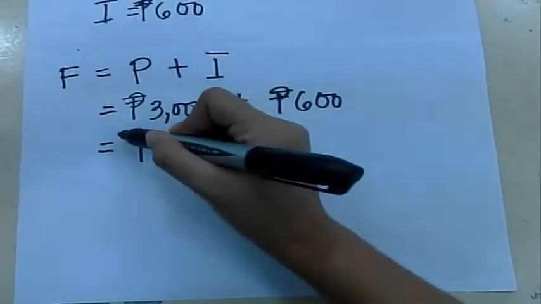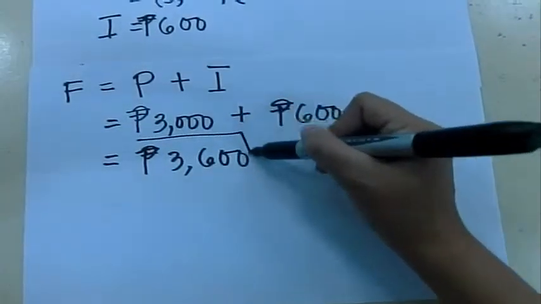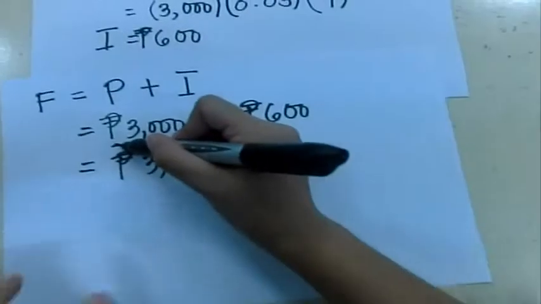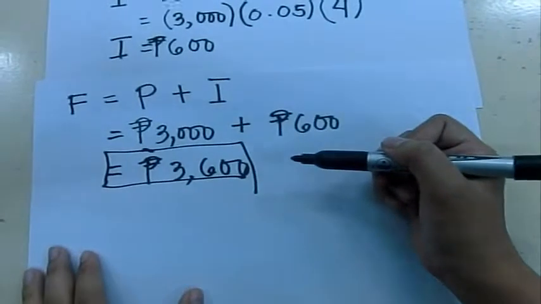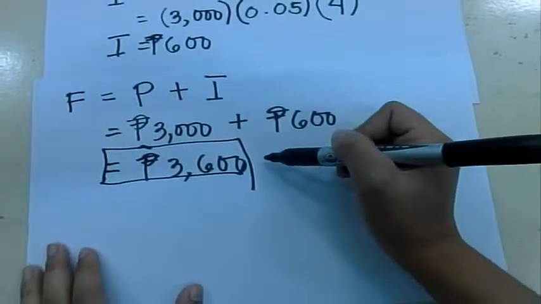This is the amount to be paid by PJ after 4 years.